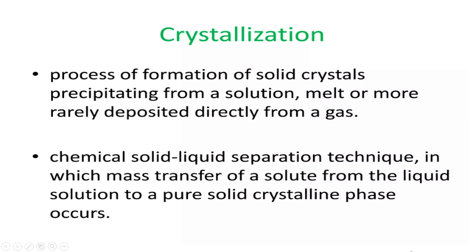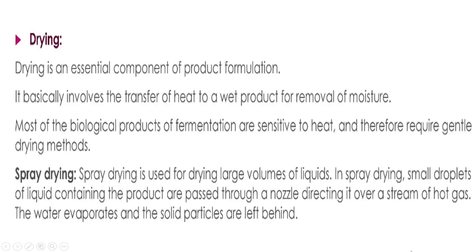Crystallization can be done where you will be forming solid crystals by precipitating the product from the solution. Then drying. Drying is a technique where you're removing all the water. So you can use techniques like spray drying. You will use this process only when the product is stable at the temperature that you are using.